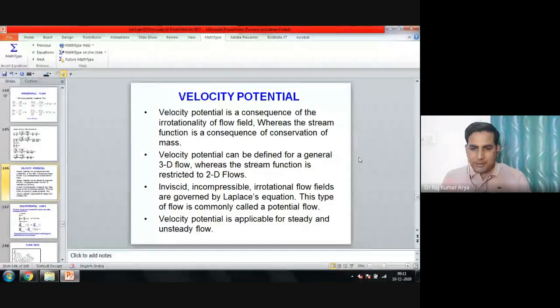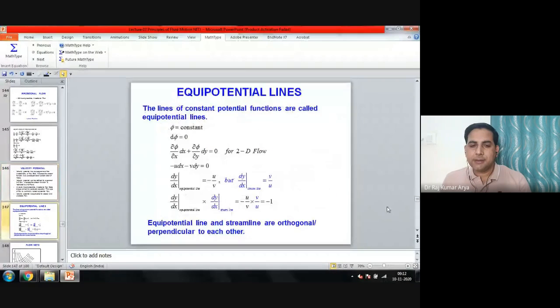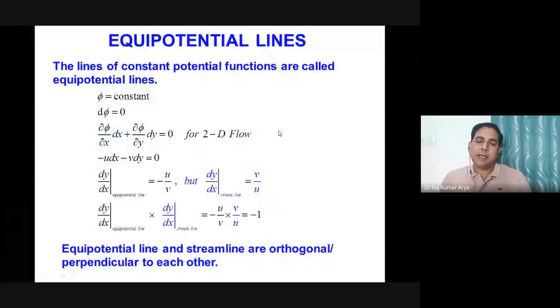Okay. Now the next part here. One more thing is the equipotential line. So equipotential line says that if you have a line, or let's say you have an electrical line, you say this line has a voltage of 240 volts. So what does it mean, 240 volts?